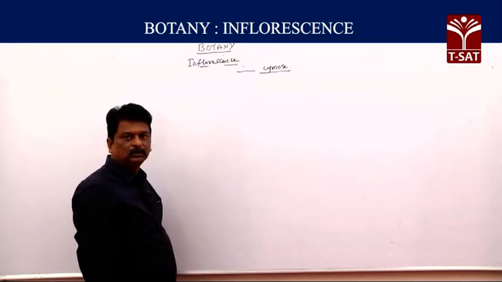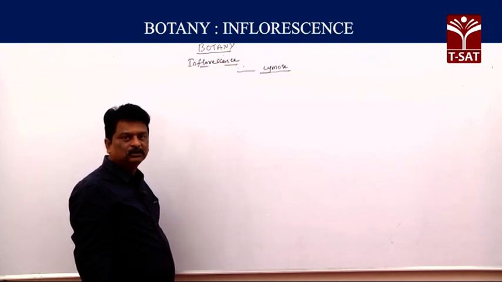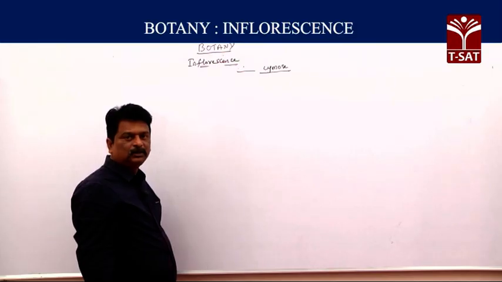Then the growth of the apical bud is arrested and further growth is carried out by the axillary bud. In this way, peduncle growth is restricted and only a limited number of flowers are formed, called cymose.